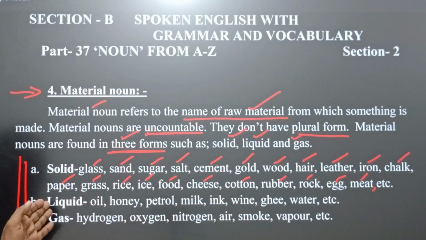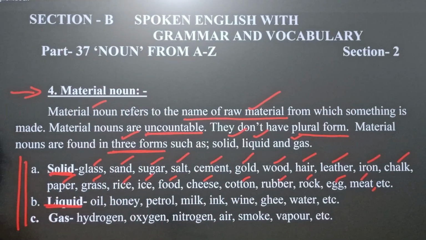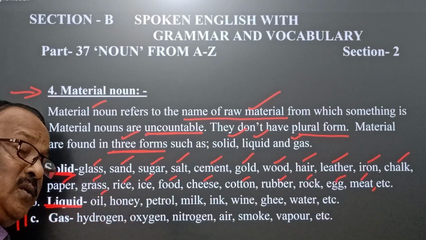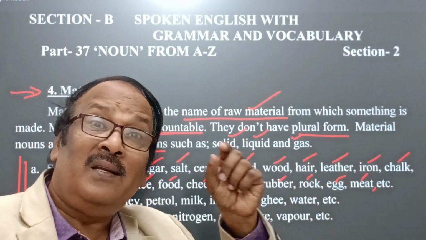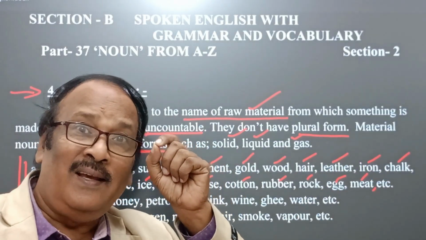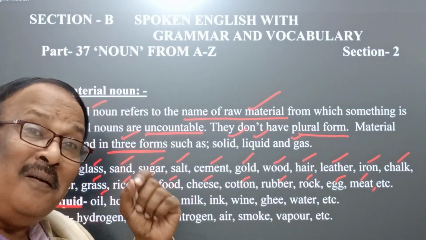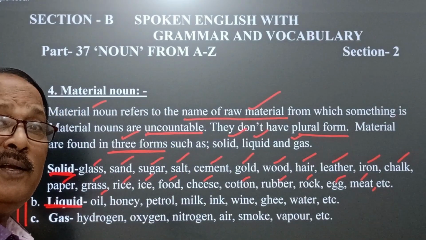Okay, now come here, liquid. In liquid form, that is oil, because a liter of oil or a gallon of oil, but a drop of oil, you see, that can be treated as oil.